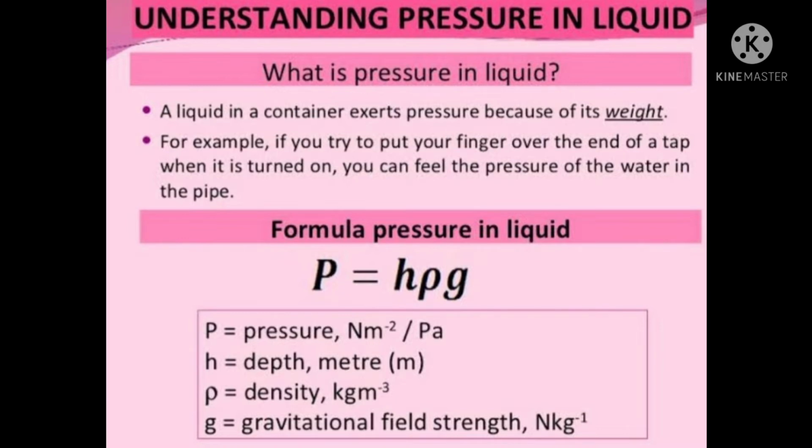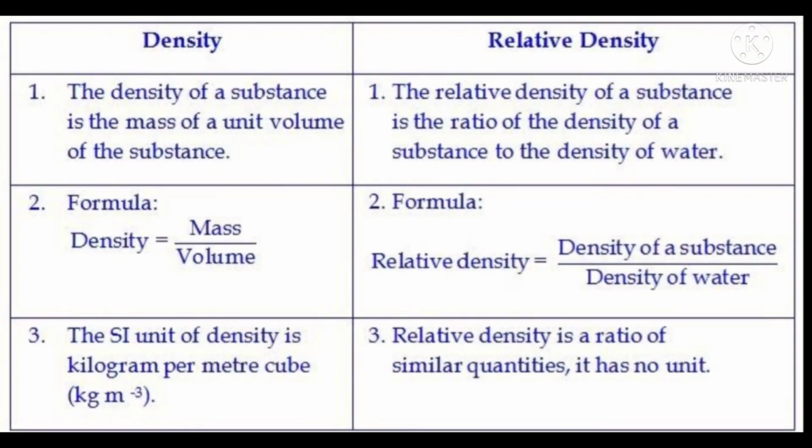The formula for pressure in liquid is P = h rho g, where P is pressure, SI unit Newton per meter square or Pascal, h is depth in meter, rho is density in kilogram per meter cube, and g is gravitational field strength, in meter per second square.